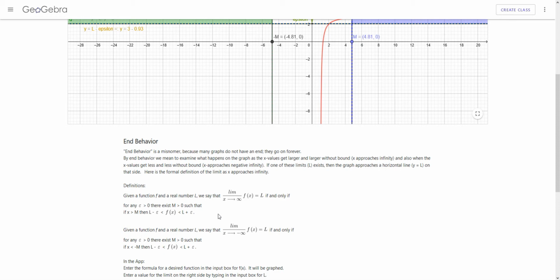Similarly, the limit as x goes to minus infinity says that there exists a positive m such that if x is less than the opposite of m, again, L minus epsilon is less than f of x is less than L plus epsilon.